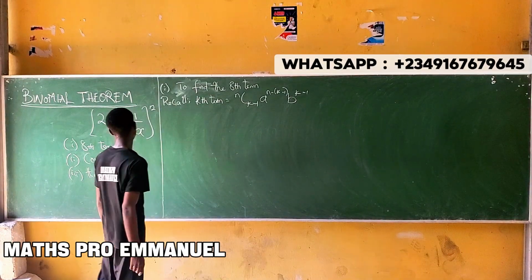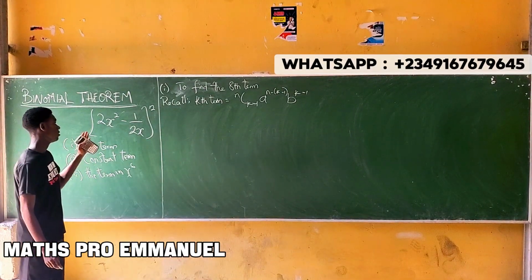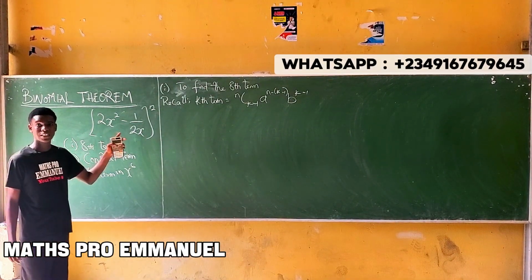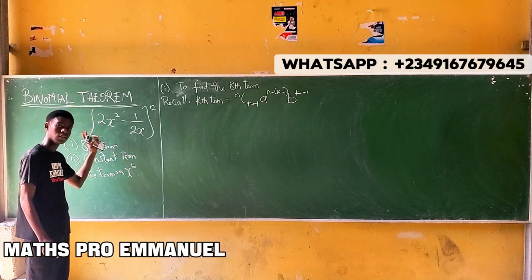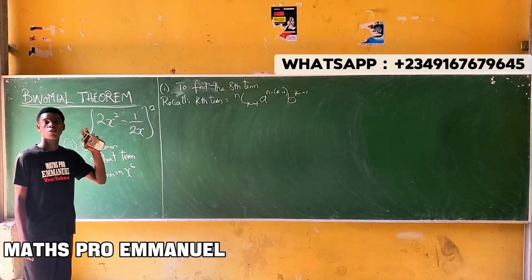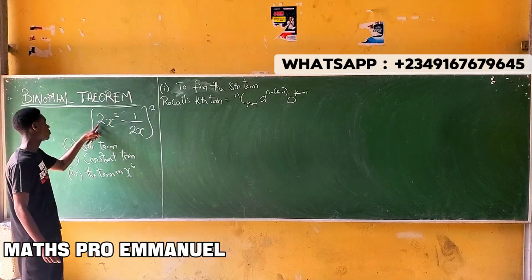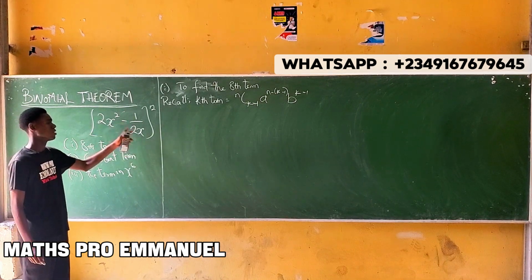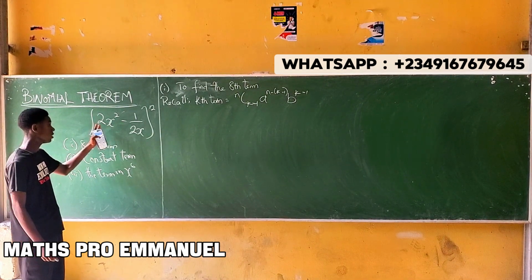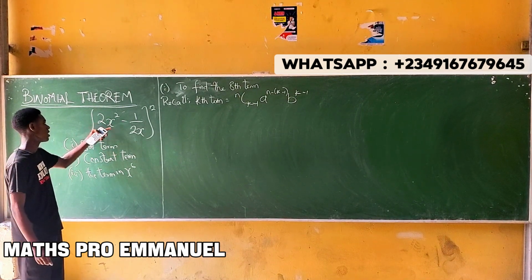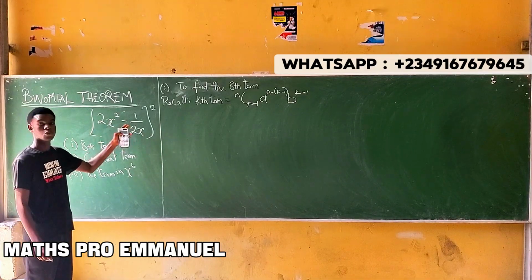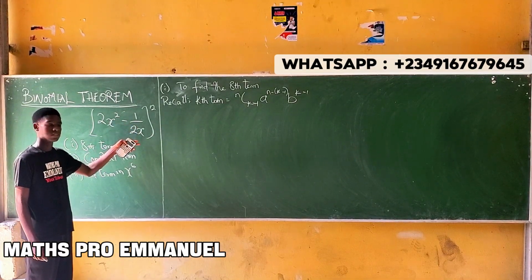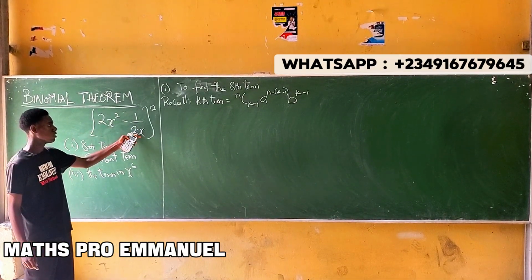When you are given an expansion, look at the bracket: the one with the higher index is called a, and the one with the lower index is called b. Looking at 2x squared minus 1 over 2x, 2x squared is a because it has the higher index, and 1 over 2x is b because it has a lower index.